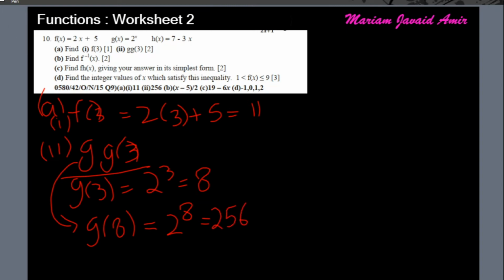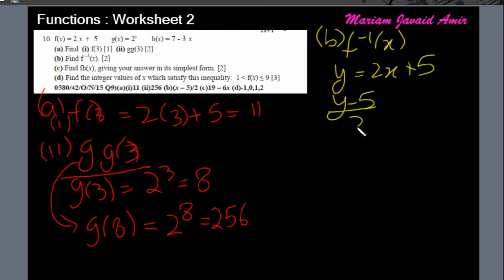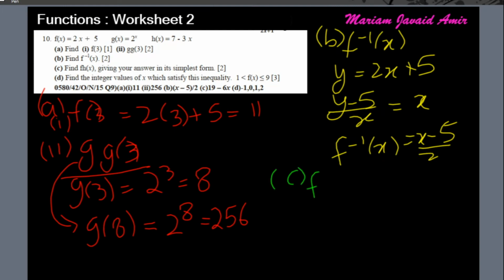Part B, find f inverse of x. So for that, write y equals f(x), make x the subject. This is the answer. Just change y to x. (x minus 5) over 2 is the answer for part B. Part C, find f(h(x)), where h(x) is 7 minus 3x.